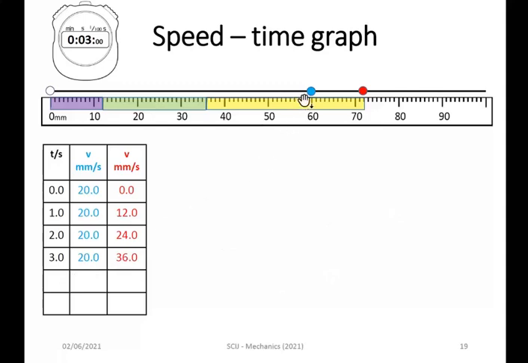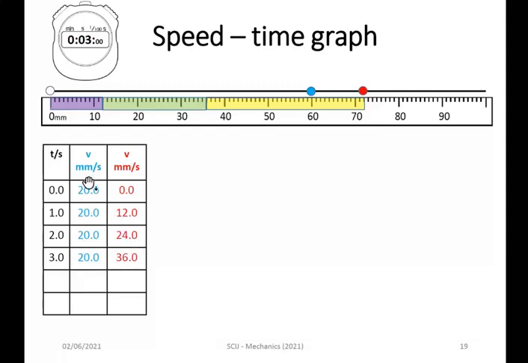What about the blue particle? Again, it moved from 40 to 60, a distance of just 20 millimeters within 1 second, and the speed, if we calculate it, will remain at 20 millimeters per second.